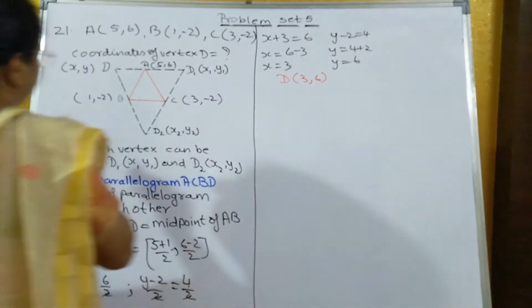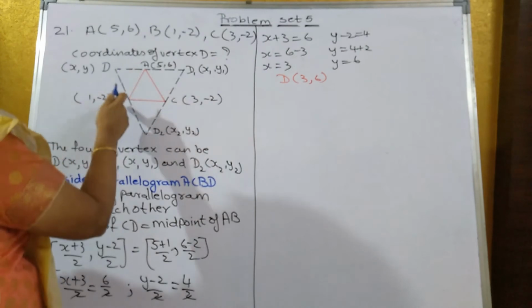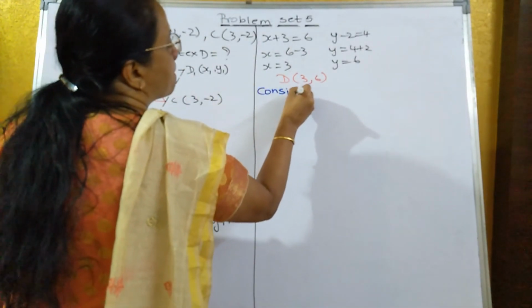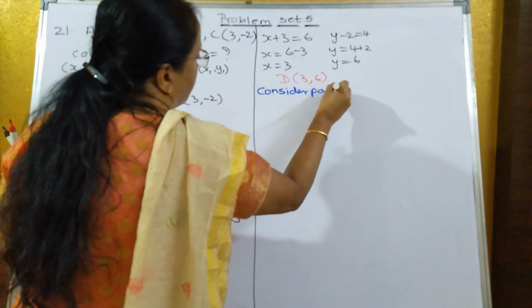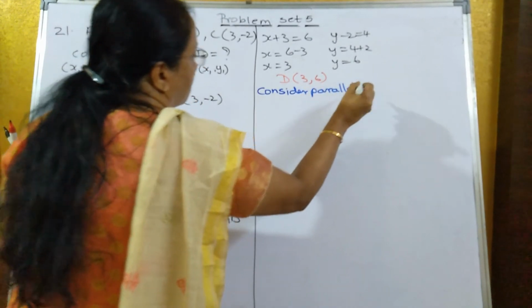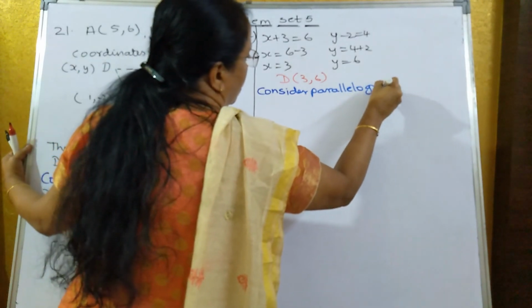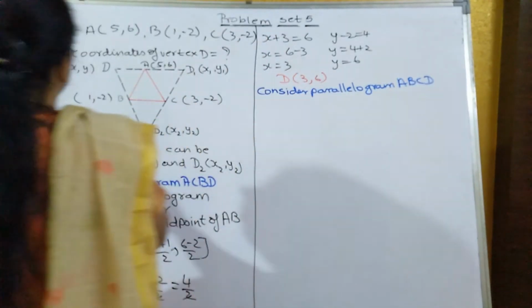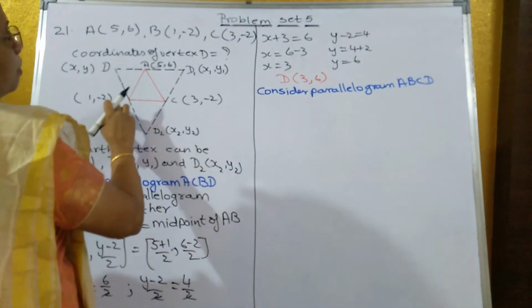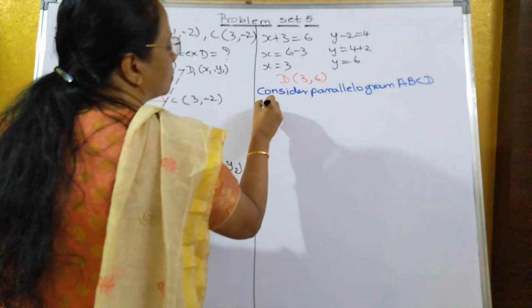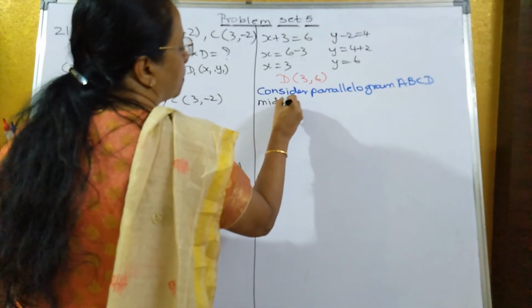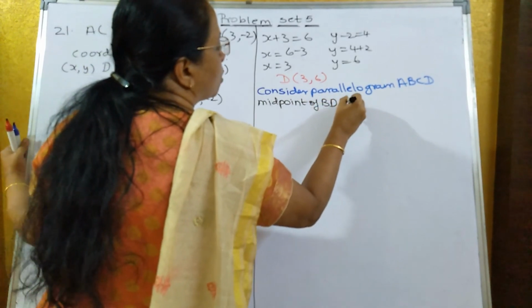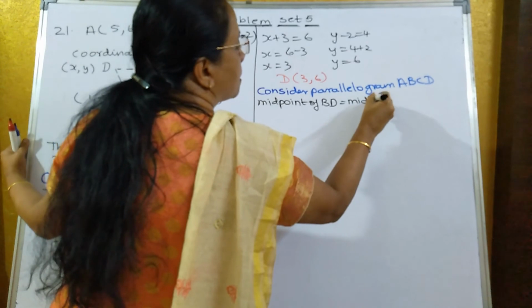Now we will take the other parallelogram, that is ABCD. Consider parallelogram ABCD. Then the midpoint of BD should be equal to the midpoint of AC.